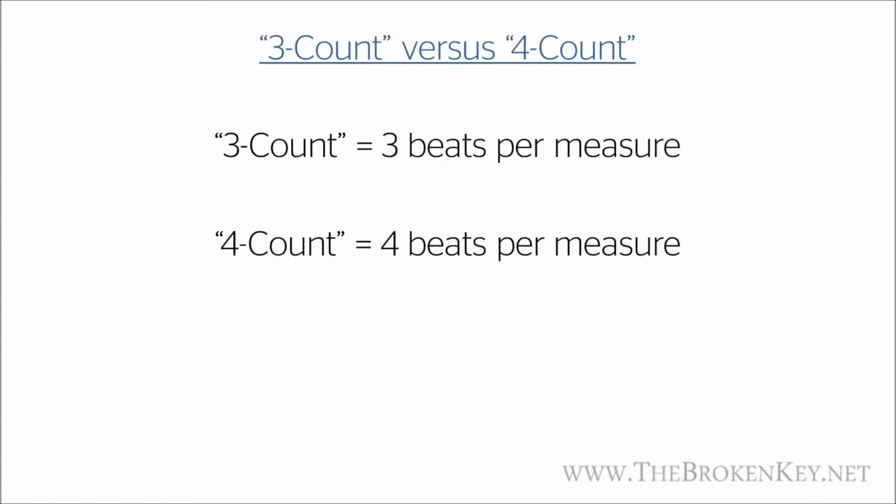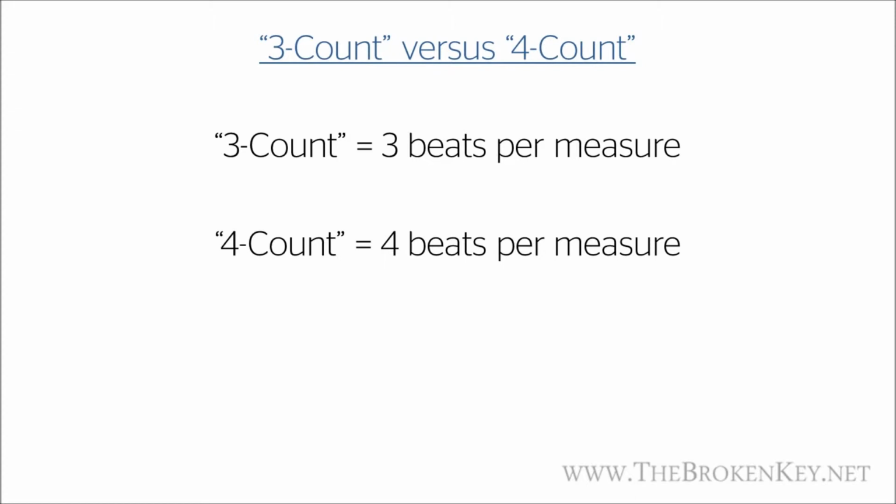Depending on if a piece is 3 count or 4 count will change how we count into each exercise or piece. Before, I always just said 1, 2, 3, 4, and then started playing. Now, I will either count 1, 2, 3, 4, 1, 2, 3, 4, or 1, 2, 3, 1, 2, 3.